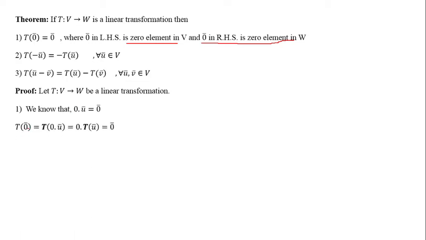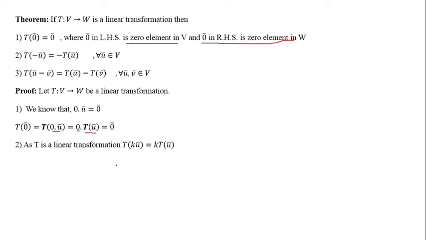So T operating on 0 bar is the same as T in bracket, where this 0 bar can be replaced by 0 dot U bar. Now T is a linear transformation and here 0 is a scalar, so you can take this scalar outside, T operating on U bar. But 0 multiplied by any vector is a zero vector, so that is equal to 0 bar, and therefore we must have T of 0 bar is 0 bar.